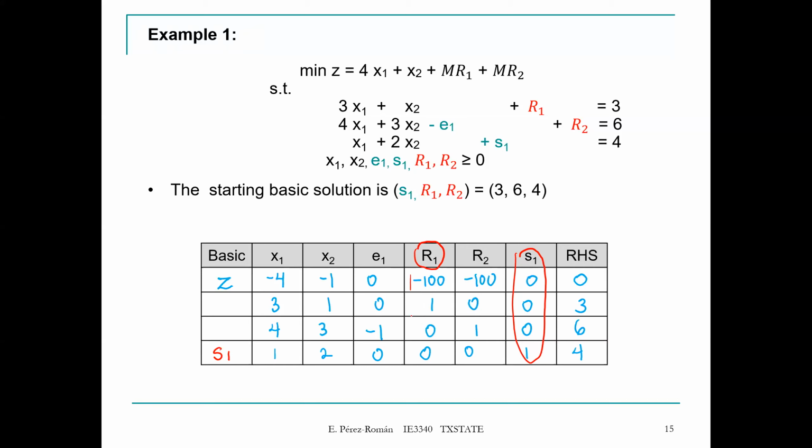We are almost there in terms of making this a part of the identity matrix. We need to make sure that these are zeros, so we're going to perform an operation next. But we know that this one corresponds to R1 and this one corresponds to R2.